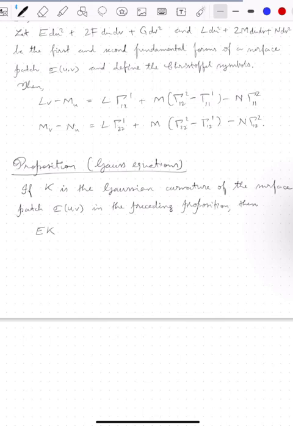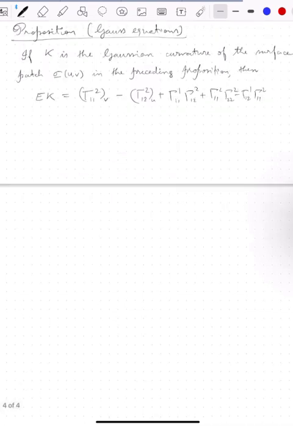Again, the second fundamental form is contained in these principal curvatures. Then we have, for the first expression, gamma^2_{11} differentiated with respect to v, minus gamma^2_{12} differentiated with respect to u, plus the product terms in the Christoffel symbols, including gamma^2_{12} squared.